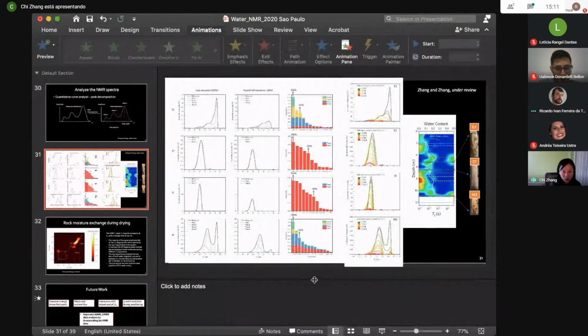We can tell how the signal from the different peaks changes during these experiments. And 4D NMR, I'm assuming you're considering time as another dimension.